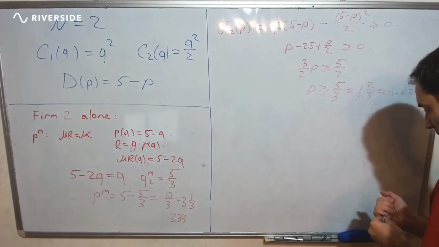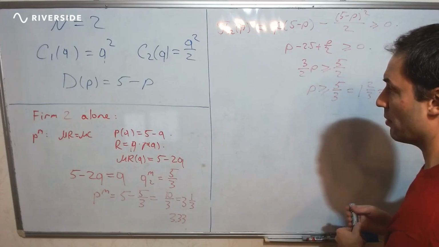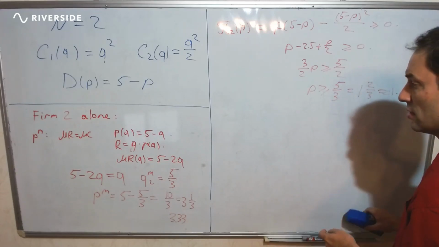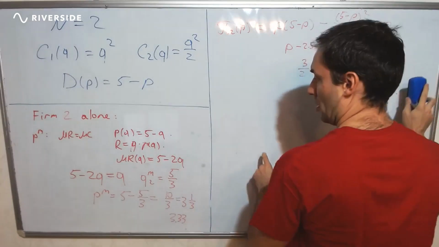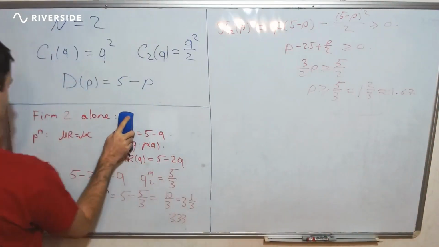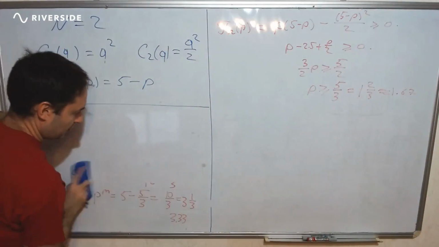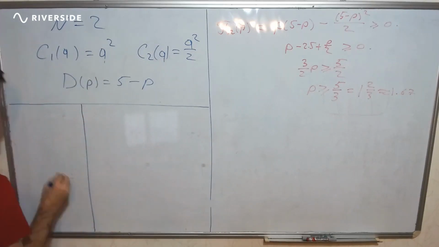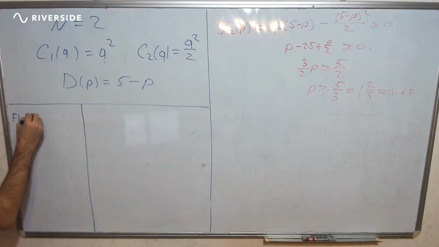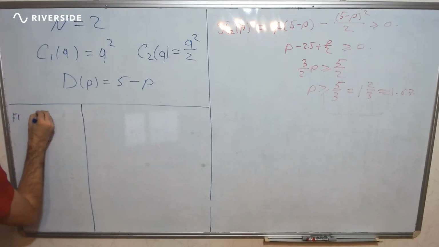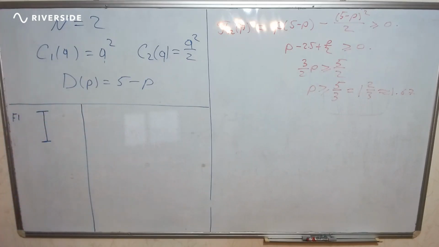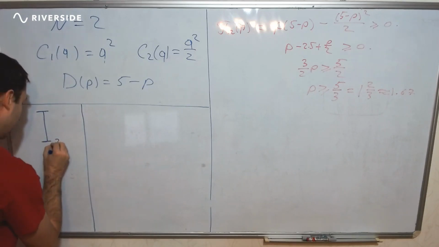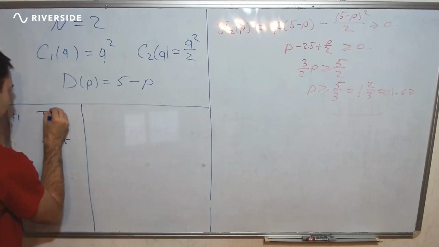So let's actually record this information somewhere for ourselves. Let's do it here. For firm 1, the price, when it operates alone, is between 2.5 and 3.75.